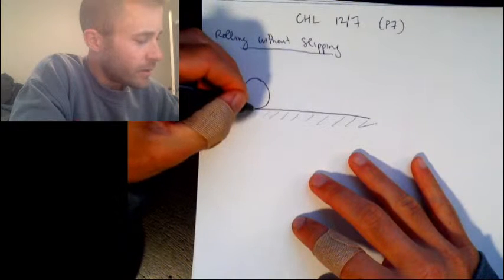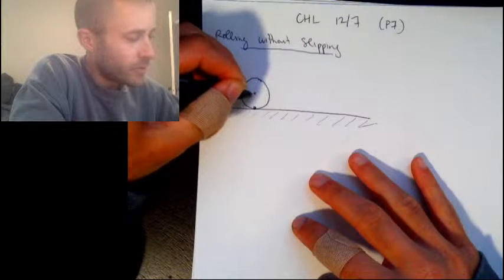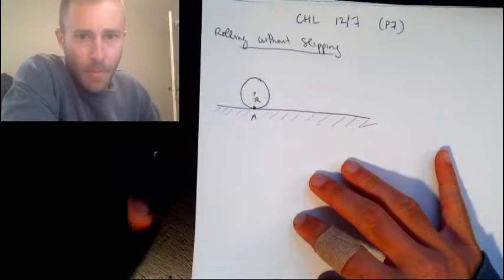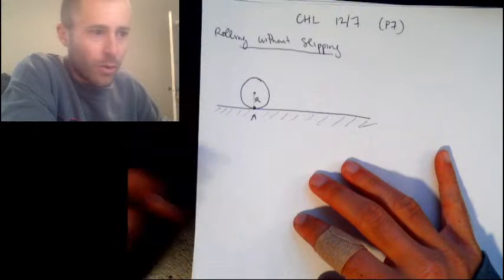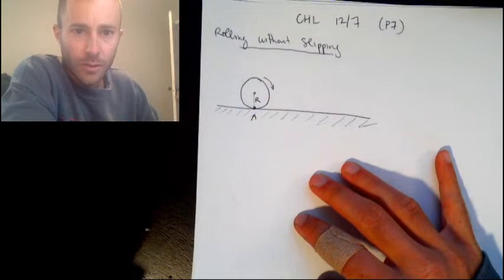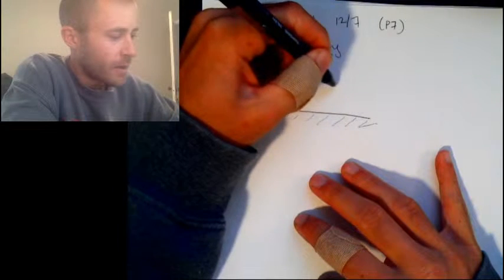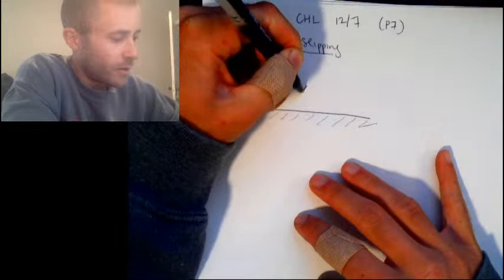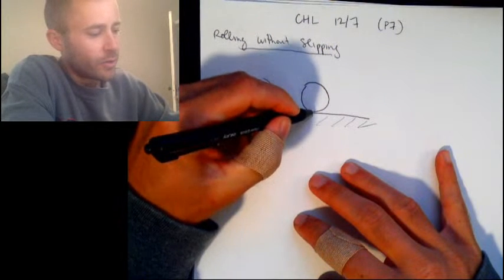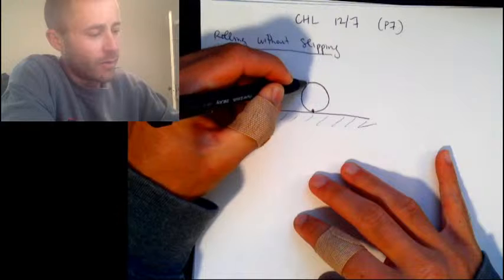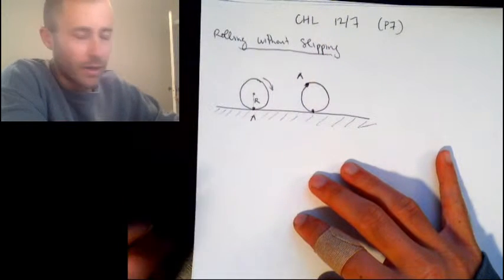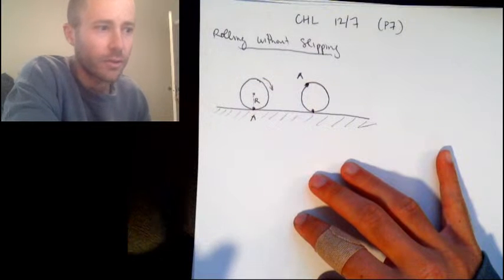Here's the center, and here's a point A. The radius of the circle is R. It rolls without slipping, clockwise, and maybe ends up over here, so that the point A is now up here, and a new point is in contact with the ground.